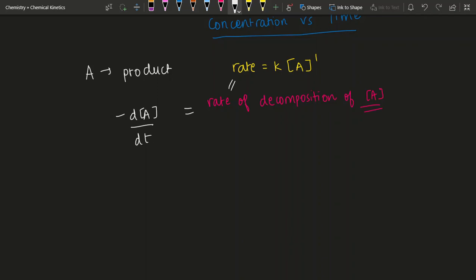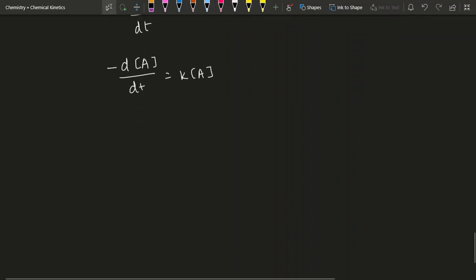And that is something we have covered in rate law, so let's use that. So we now have negative of dA over dt equals K times A. Now what you can do is take all the A terms to one side just to make the expression look better. So negative dA over A is equal to K times dt.